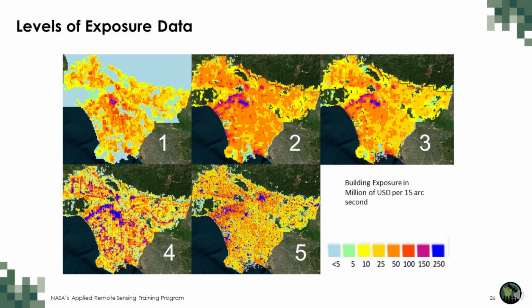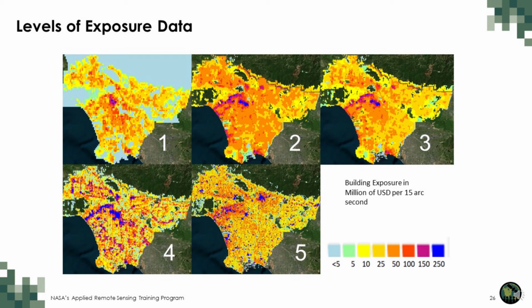Number 1 is a global level. You can consider this like the Landscan or WorldPop type of database. Level 2 is a national database. In this case, it was a HAZUS database, which uses all federal level data. Level 3 is improved national level data, considering regional adjustments to key indicators. You can see it's a little different than 2.